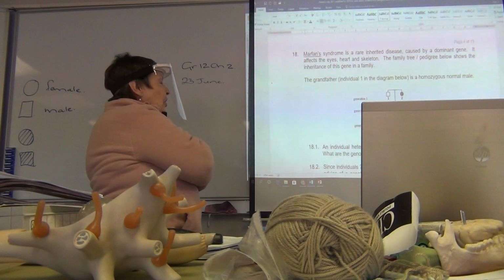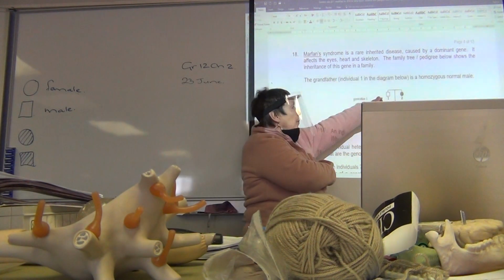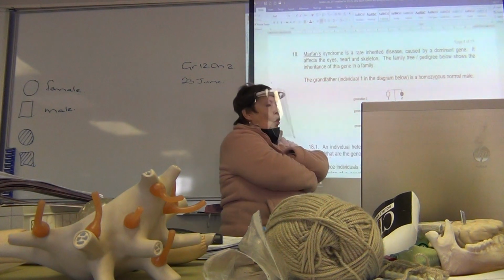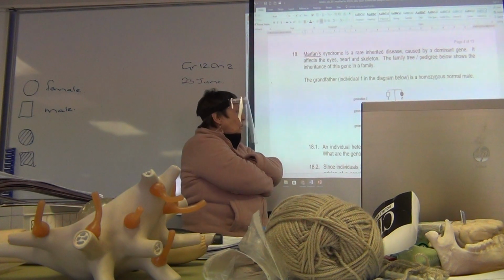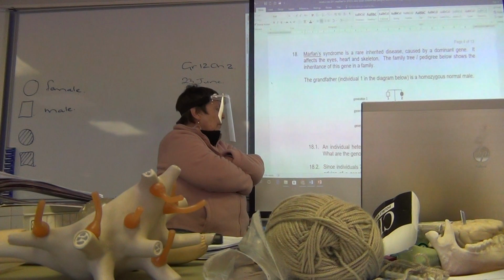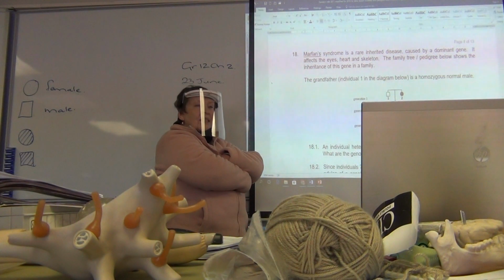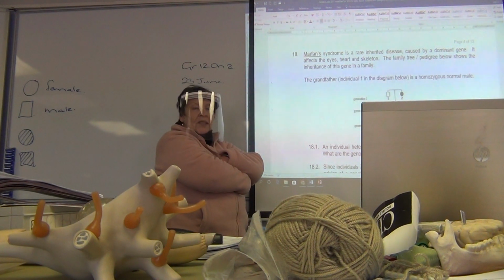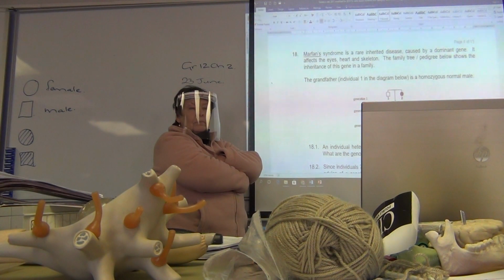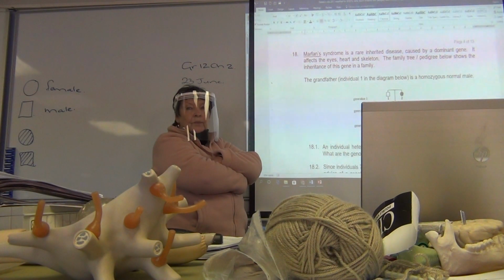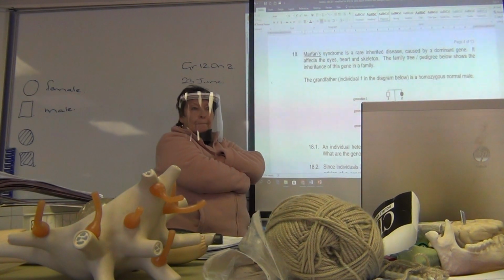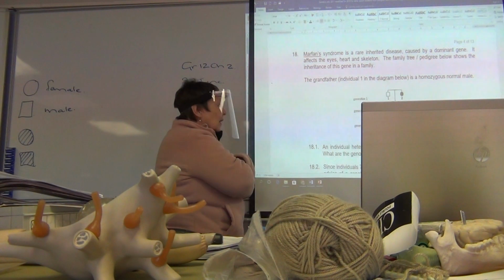The grandfather, who's individual 1, is a homozygous normal male. Does it say anything about sex linked? No. It's nothing to do with sex, it's got nothing to do with sex linkage. Okay. All right, you're happy with that?